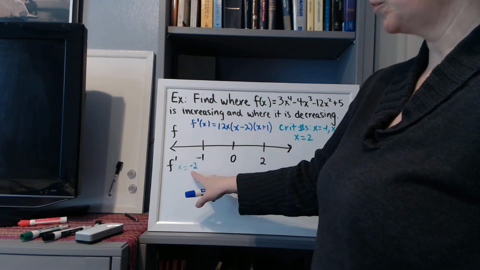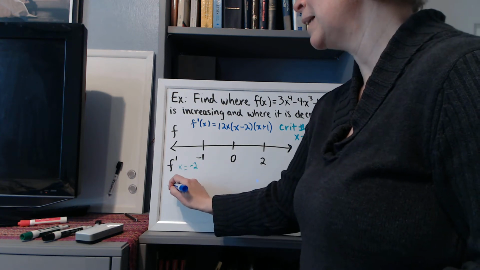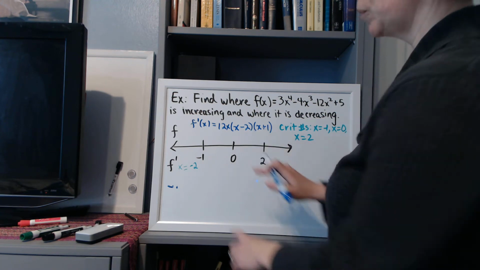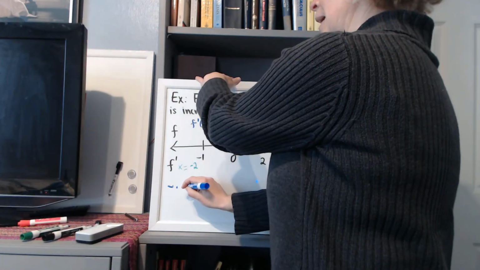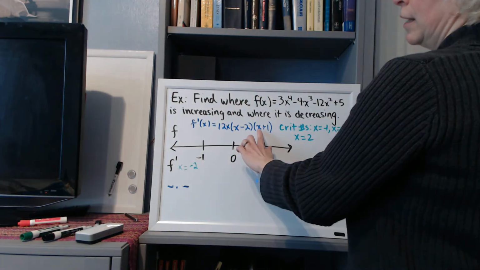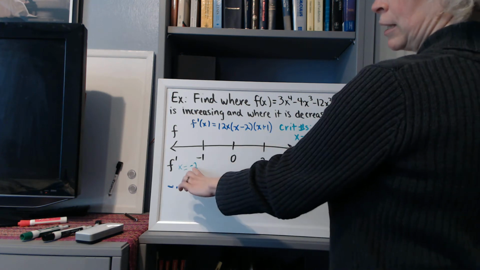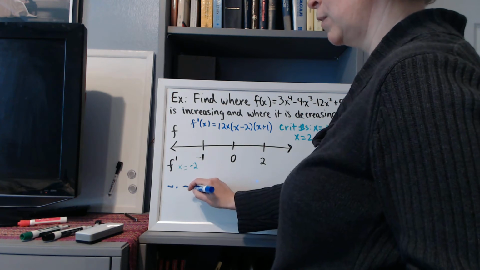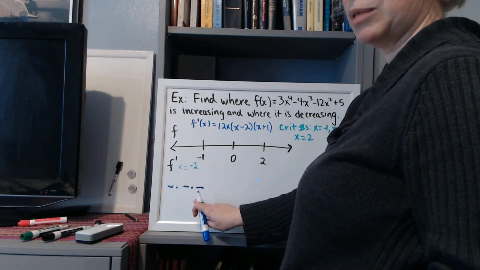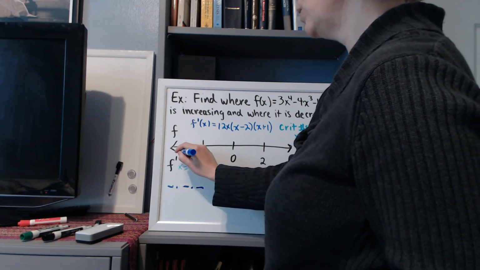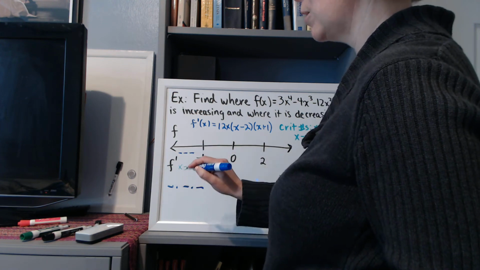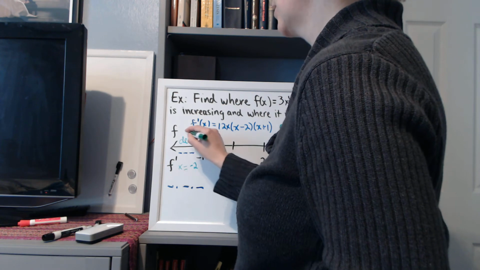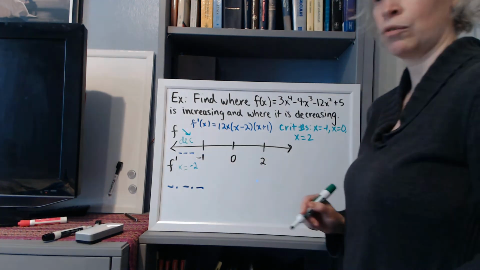So 12x, when we plug in negative 2, is going to be negative. X minus 2, when we plug in negative 2, is going to be negative. And then x plus 1, when we plug in negative 2, is negative 2 plus 1, which is negative 1, so that's negative. So we have a negative times a negative times a negative. So overall, the derivative in this segment is negative, which means that the function is decreasing. And I'm going to draw a little arrow just to remind us what that means.